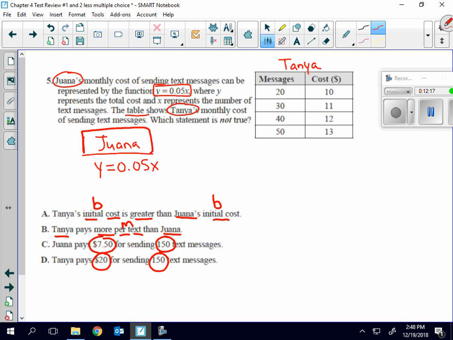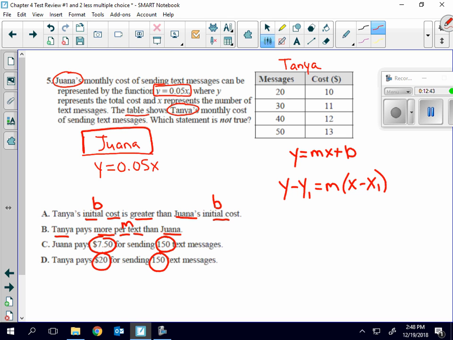And we can find out Tanya's equation by going like this. Two ways to do this. I'm going to do it the way we've been doing it this year. So I'm going to go ahead and say y minus y1 equals m times x minus x1. You can just temporarily plug in an x and a y to find b.